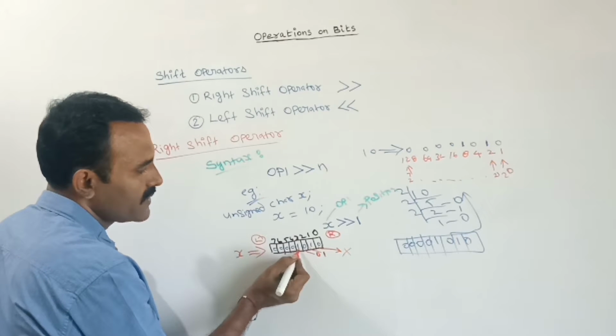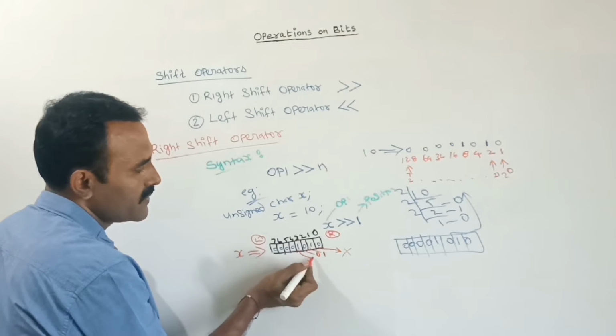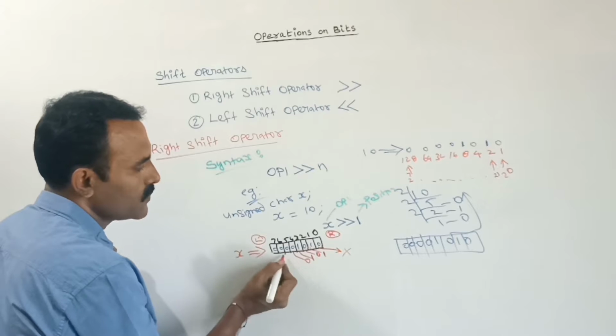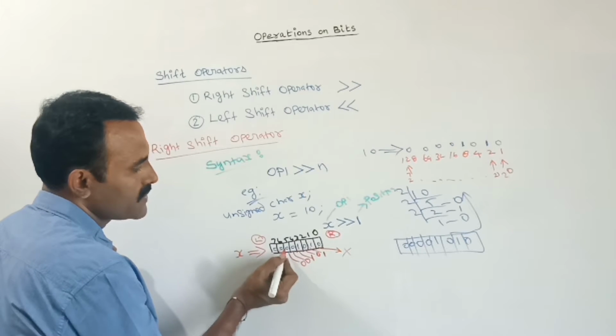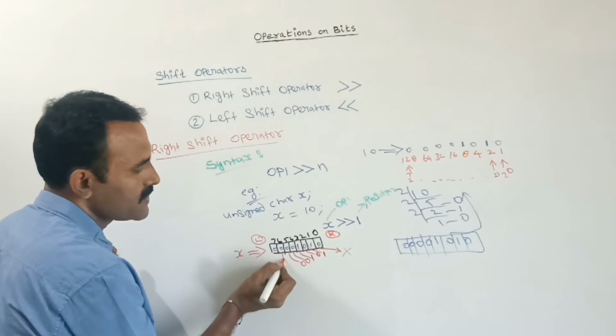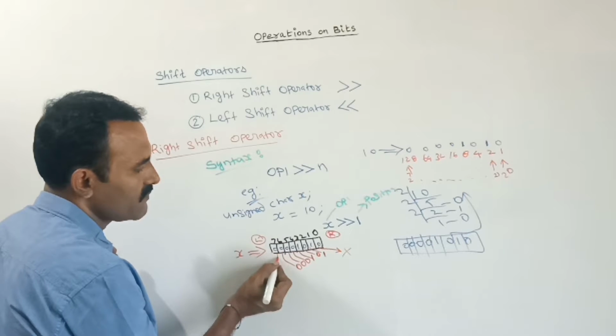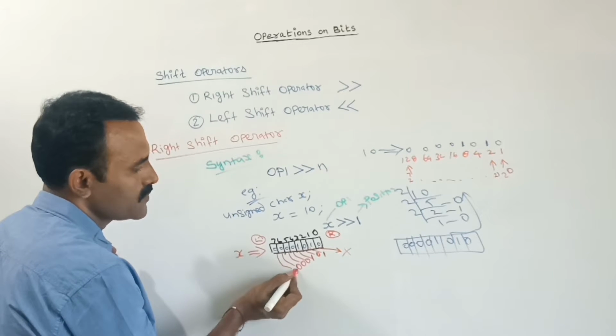In a similar way, the third position value 1 moves to the second position. Next, the fourth position value 0 moves to the third position. Next, the fifth position moves to the fourth place. Next, the sixth position moves to the fifth position, which is also 0. Now the seventh position moves to the sixth position.